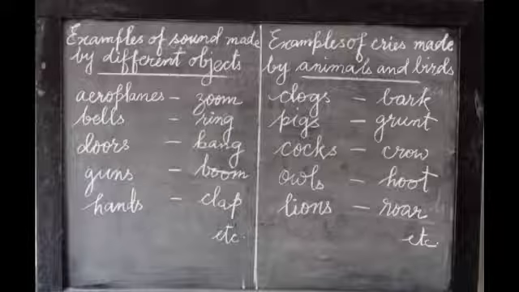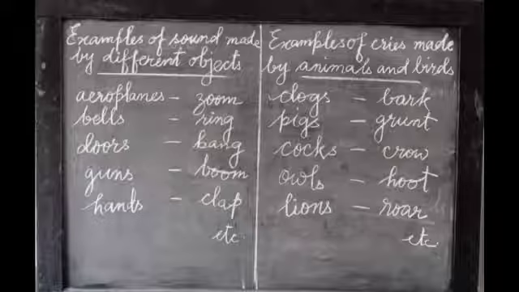Suppose when we do some work manually at home or anywhere, there are some sounds in every object. Suppose when we drag something from one place to another, it makes a sound. When we open a bottle, there is a sound. So sound can be heard everywhere. But the thing is that we give names to these sounds.